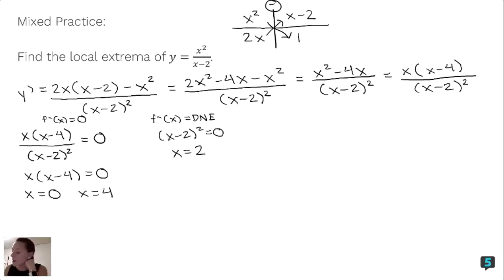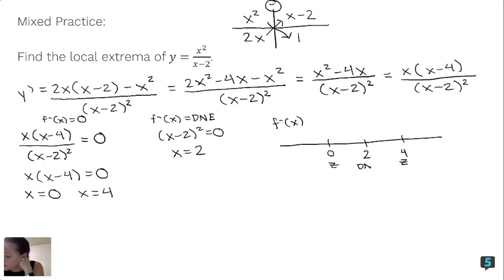So when I go to make my number line this time for my derivative, I'm going to have on it 0 and 4 as zeros. And I'm also going to have 2 on there, but I'm going to label that with a DNE. That way I'm very clear about what's on my number line and why it's on my number line.